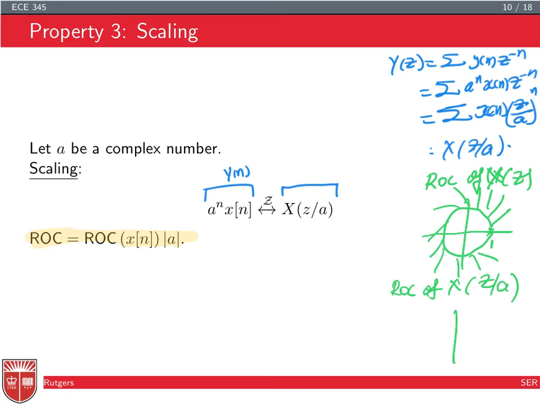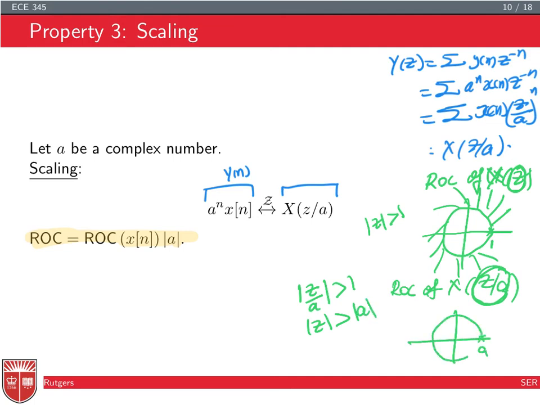For X of z, the norm of the argument is greater than 1, and for this one it's the same thing: the norm of the argument is greater than 1. So z divided by a greater than 1 means that the norm of z is greater than the norm of a. This is how you get the ROC of the scaled signal. Everything is scaled by a. Here it's the outside of a circle going through 1, and here it's the outside of a circle going through a. So that's what this means.